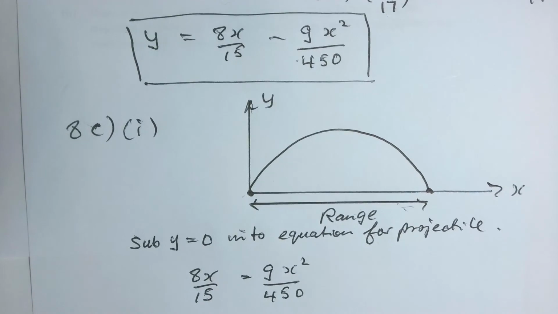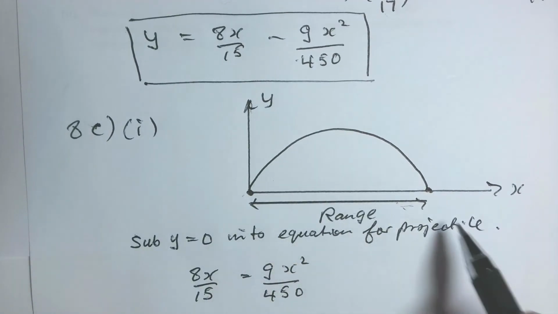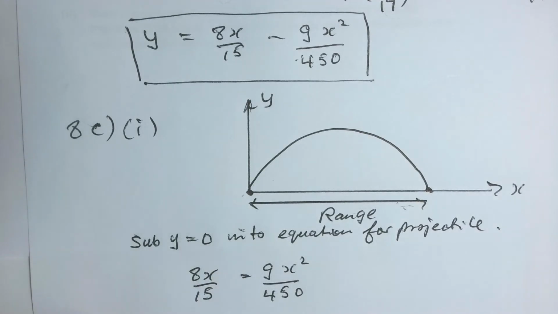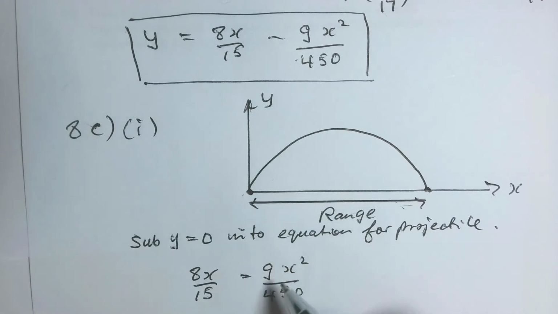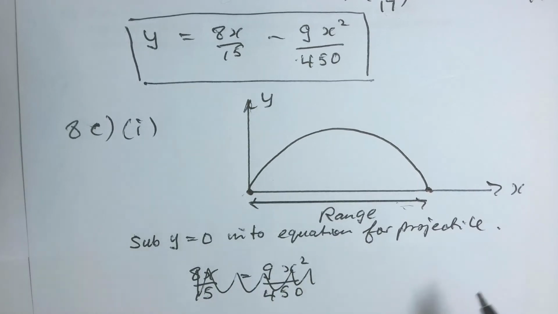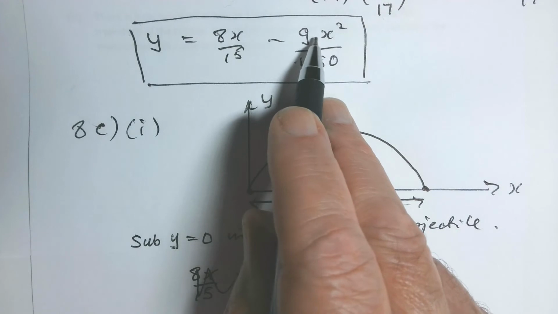Actually, let's not do it like that. I'm going to set y equal to 0 and substitute g equal to 9.81.